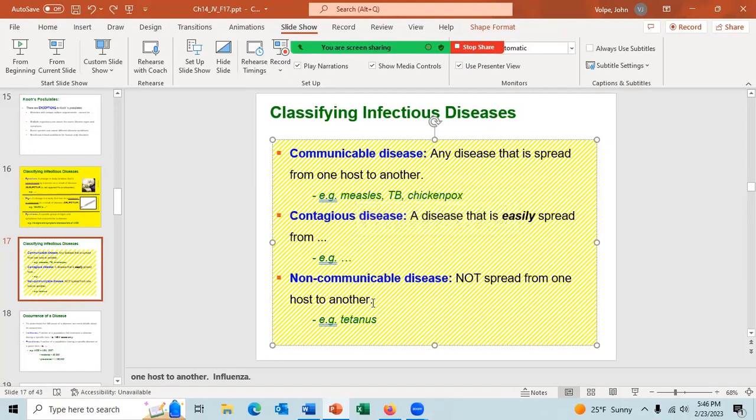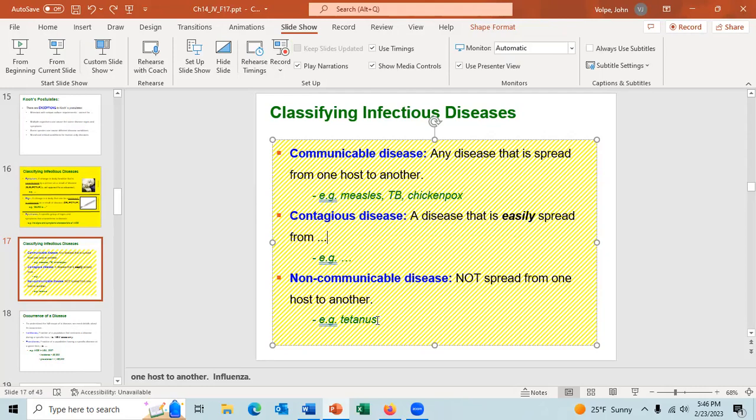A non-communicable disease is a disease that does not normally spread from one patient to another. Example, when somebody gets tetanus, they're not going to spread it to another person normally. And that's assuming they don't donate an organ, and then there's an organ transplant.